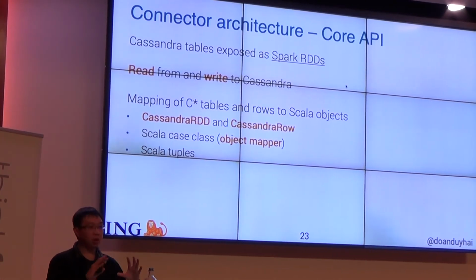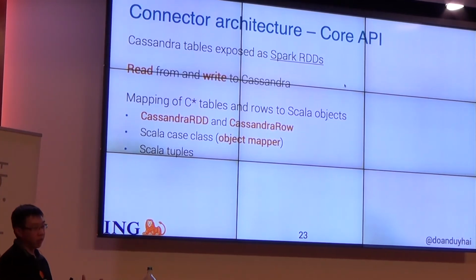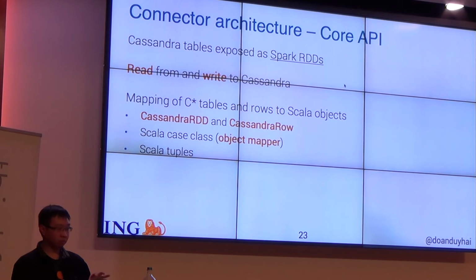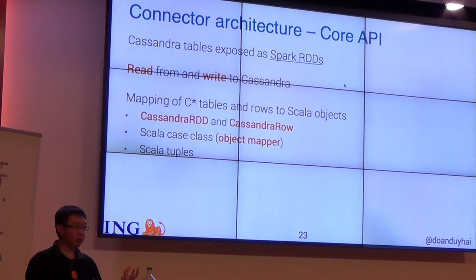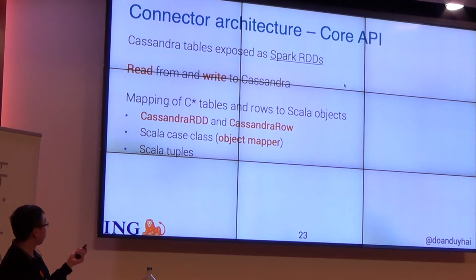For the Spark Core API, you can read data from Cassandra into Spark, and you can write data from Spark into Cassandra. For the mapping of the Cassandra tables and rows, we just provide those classes, Cassandra RDD, Cassandra row.